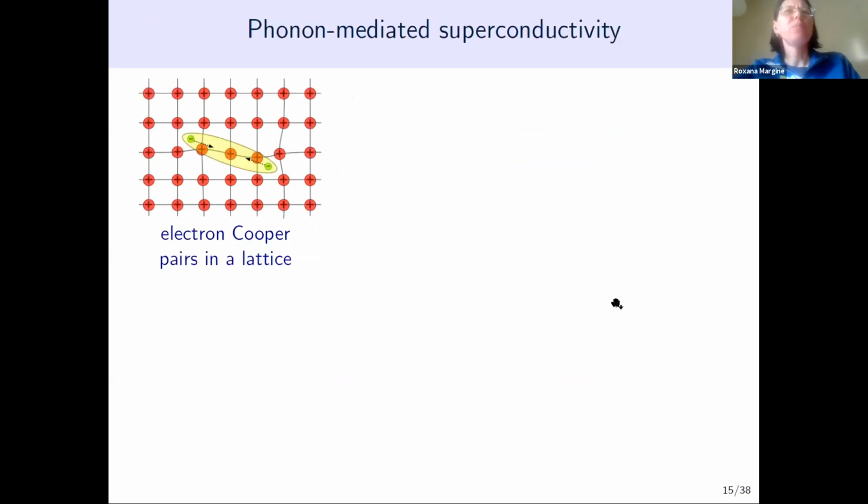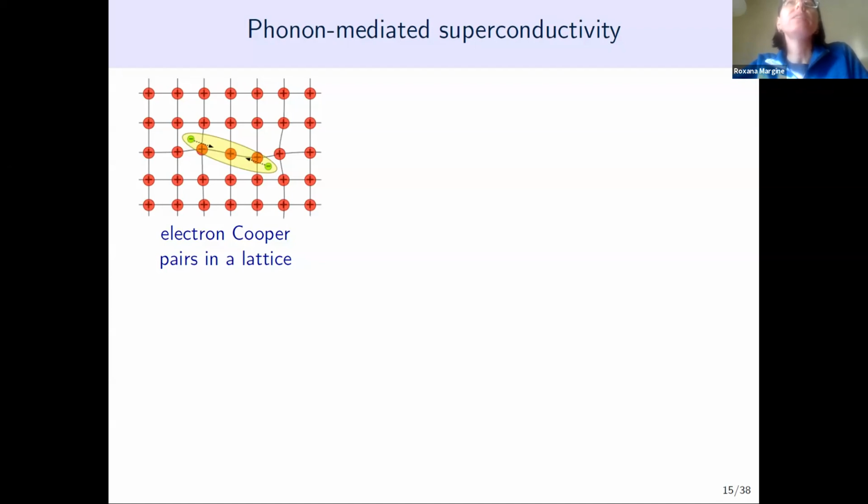As probably everybody knows, in a superconductor below a critical temperature, the resistivity drops to zero, and this property is important for many applications. The first microscopic theory of superconductivity was proposed by Bardeen, Cooper, and Schrieffer in 1957.